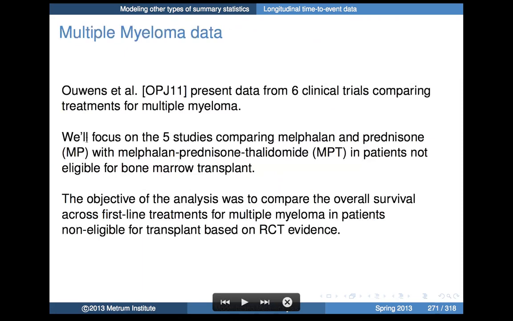And over time, those numbers of patients having events are going to be independent. And so we don't have to worry about this correlation issue. And they actually developed their model in the context of a network meta-analysis. But I'll show you how we can apply this same approach in a model-based meta-analysis framework.